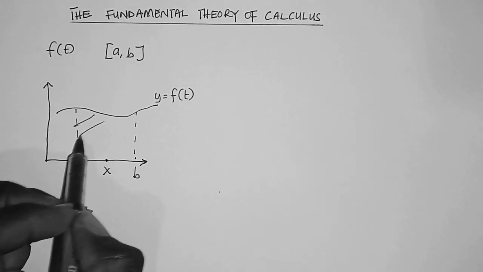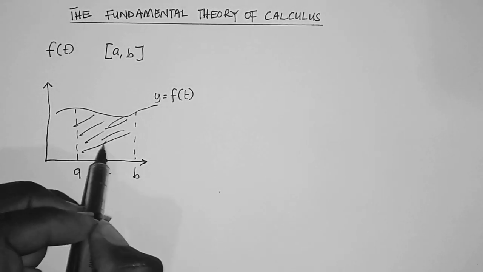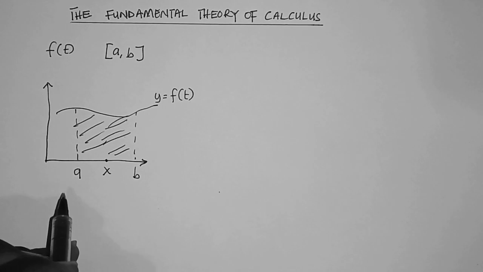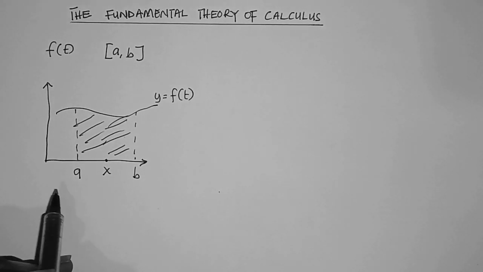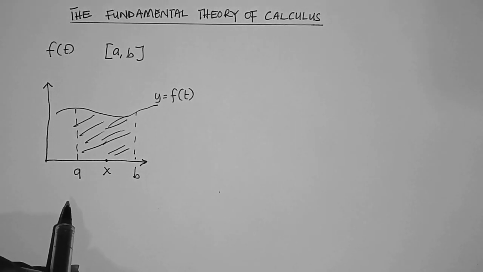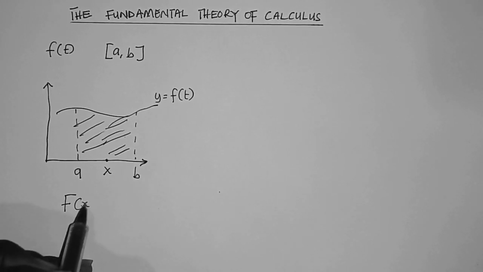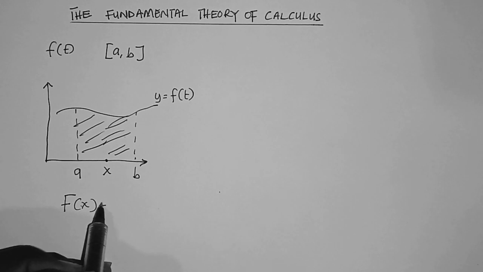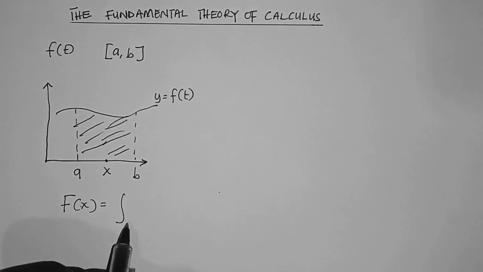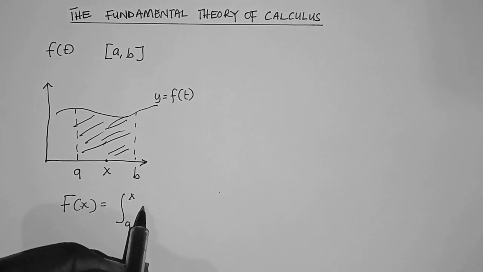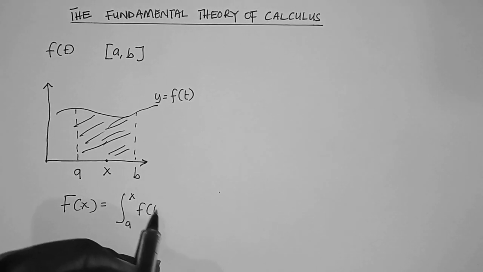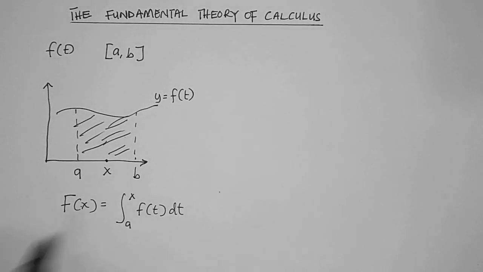The area that x makes at each point in time is given by the definite integral. Let's say capital F of x equals the integral from a to x of the function f of t dt.